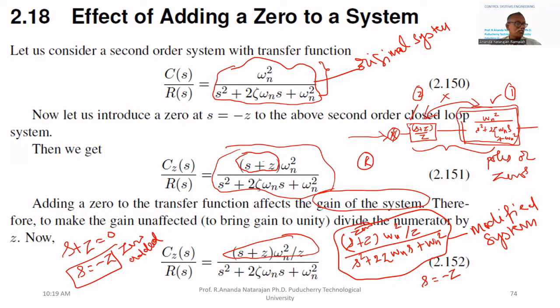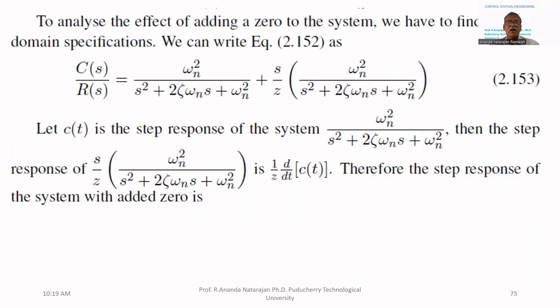Then what happens to the system, that we'll see. S plus Z times omega n square upon Z, whole divided by S square plus 2 zeta omega n S plus omega n square.